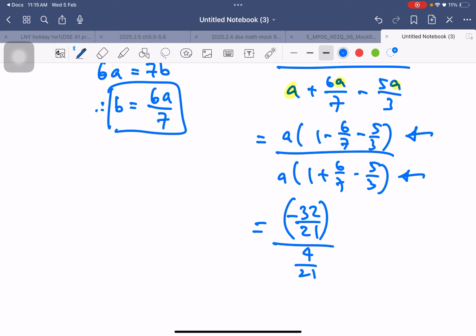Then you bracket this, divided by bracket this. So you have the answer is equal to negative 8. So the A here is being cancelled out, isn't it?